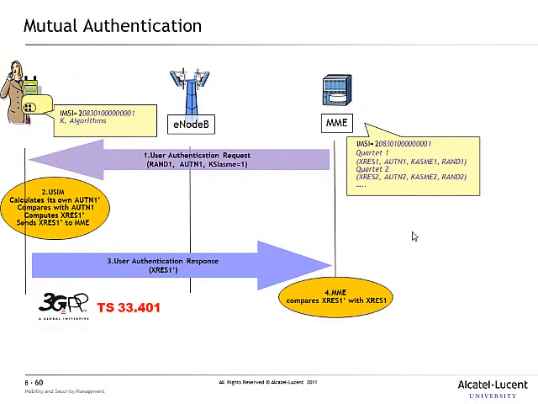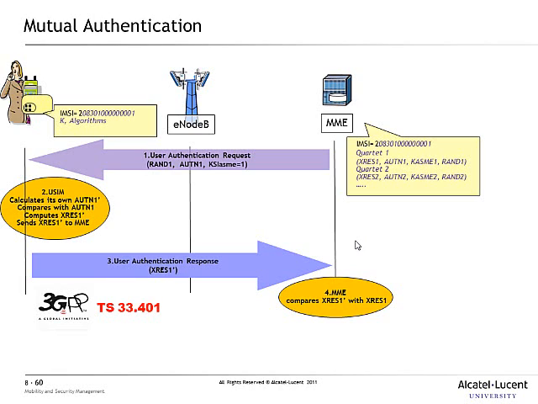So once the MME has the authentication information, remember there are 2 ways that the MME can get it. It can either go to the HLR and get it, or it can get it from an old MME if the user is being transferred from another MME.